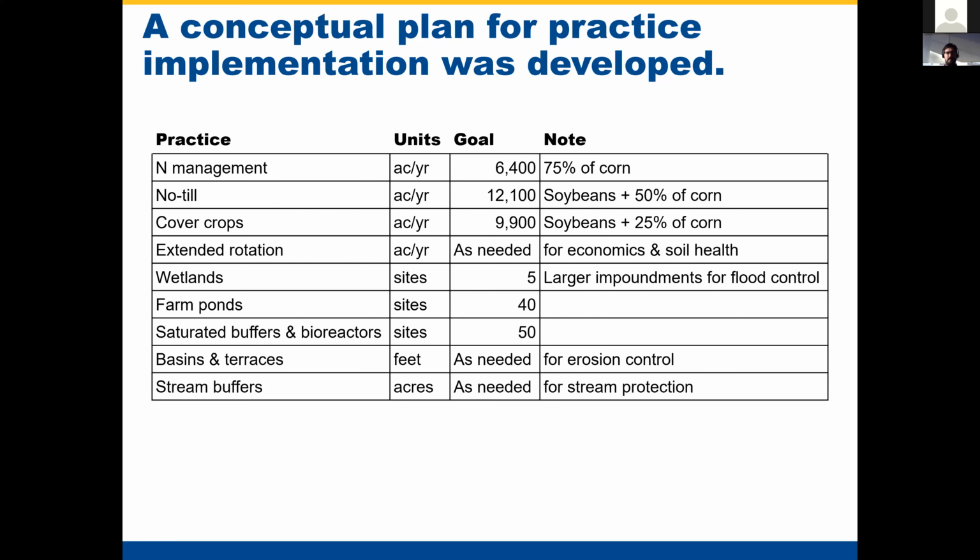And then both the terraces and stream buffers, those are practices that we don't have a particular goal for within the plan, but recognize that they should be used where appropriate.